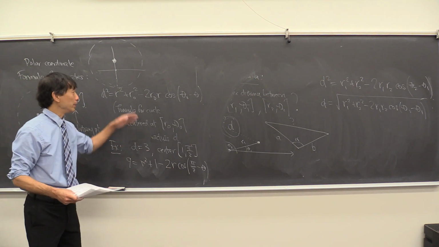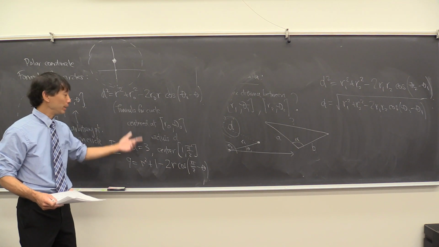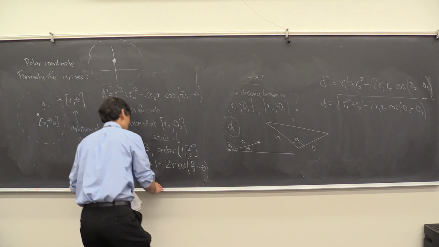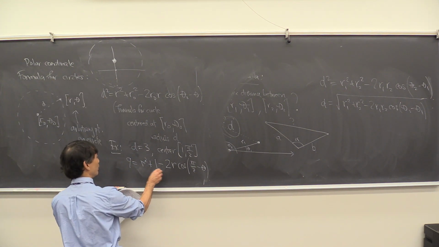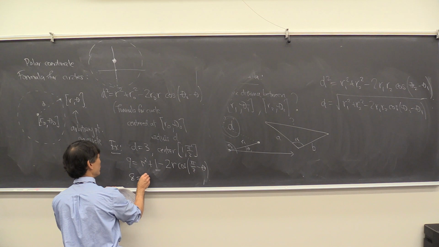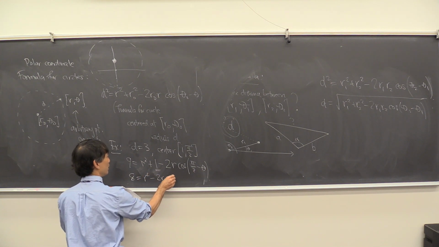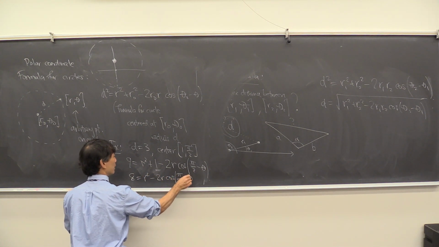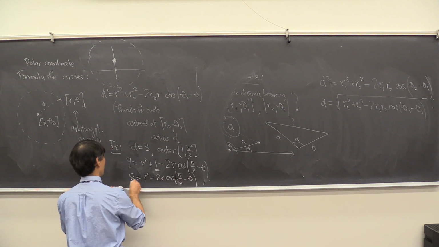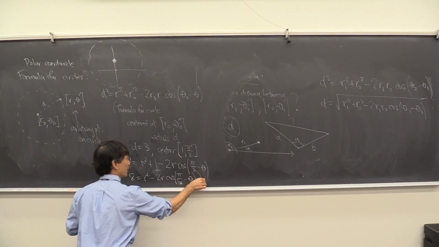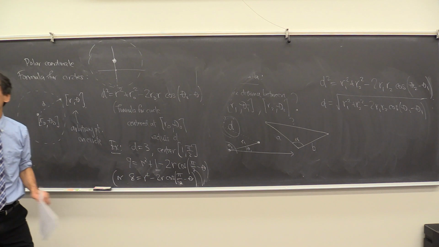Okay, so all I did was just plug in here, and you get this equation. And you can clean it up a little bit, maybe, by moving the 1 to the other side. You say like 8 equals r squared minus 2r cosine of (pi over 2 minus theta). It doesn't matter. It's the same thing.